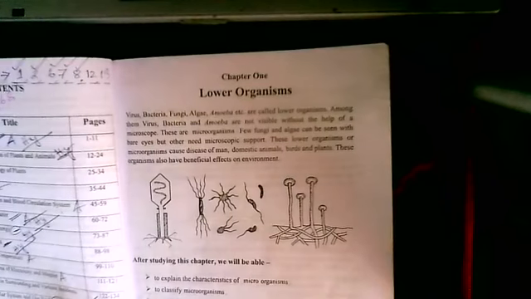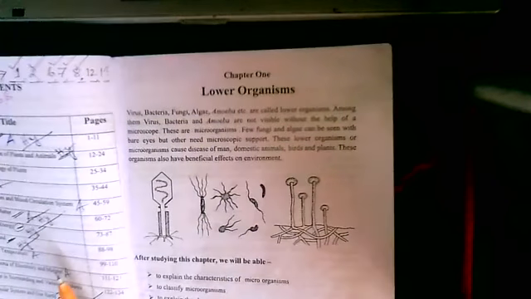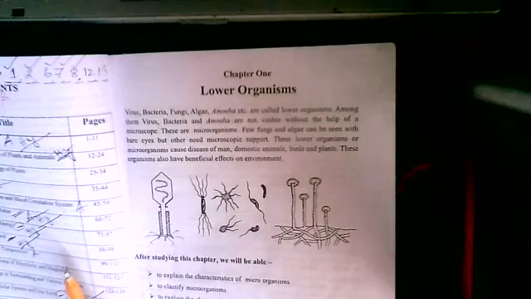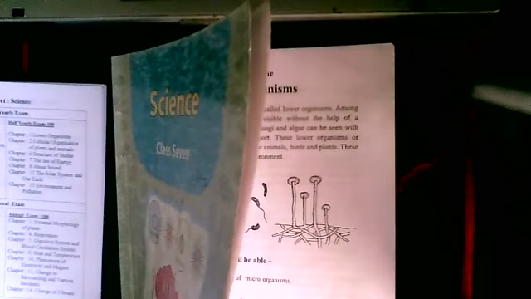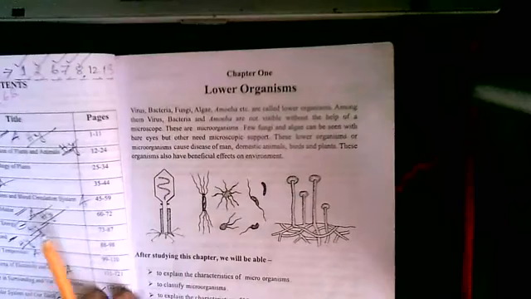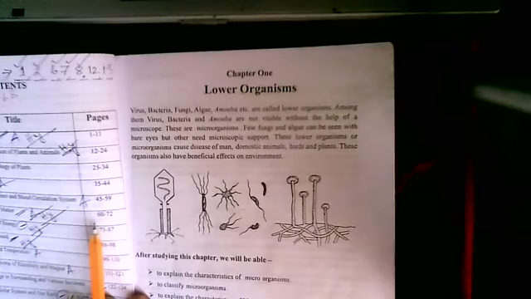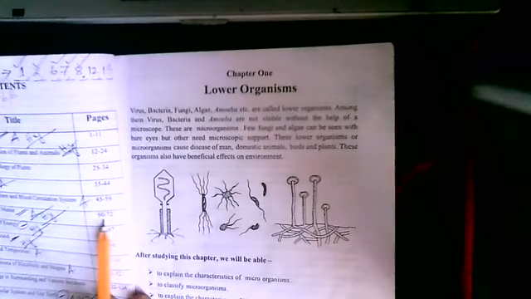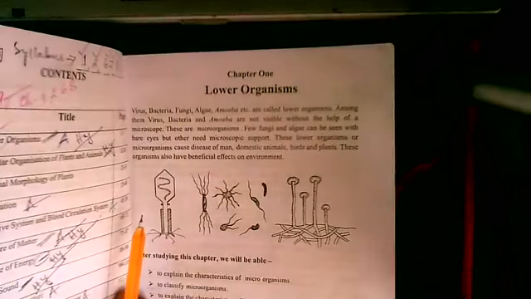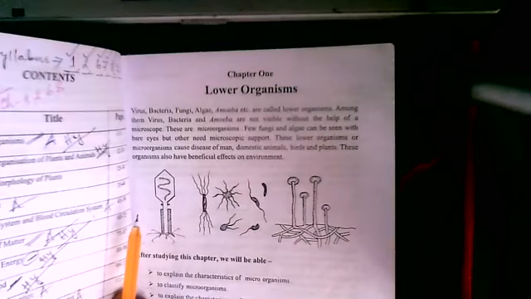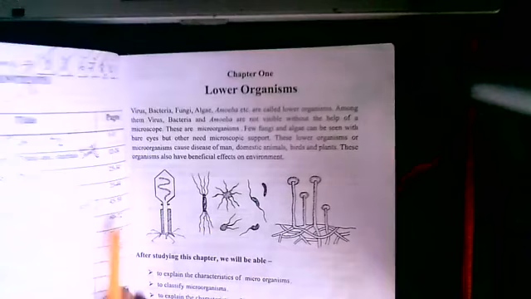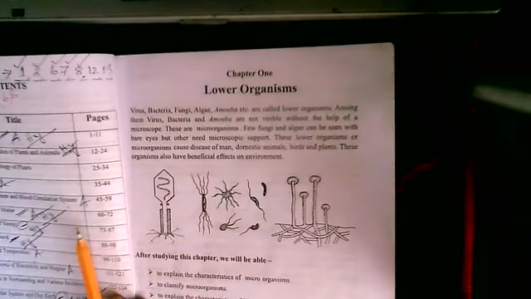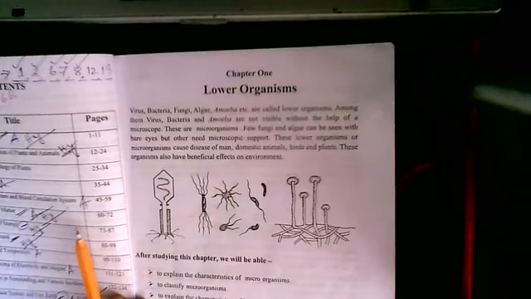So chapter 3 is external morphology of plants, chapter 4 respiration, chapter 9 heat and temperature, and chapter 10 phenomena of electricity and magnet. You have to learn these chapters in advance.